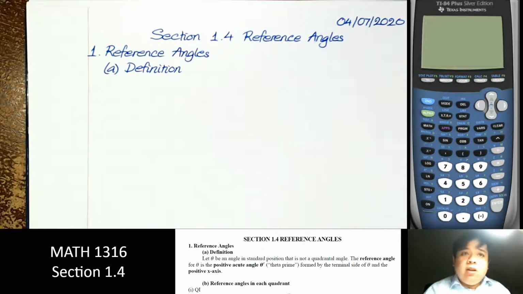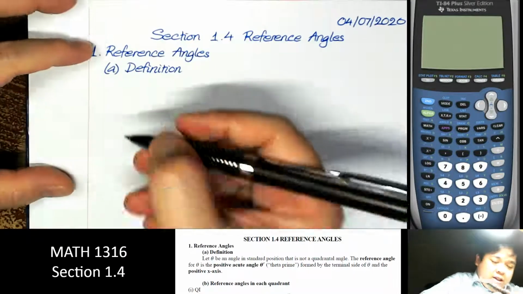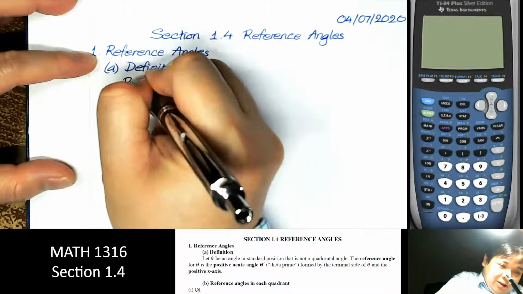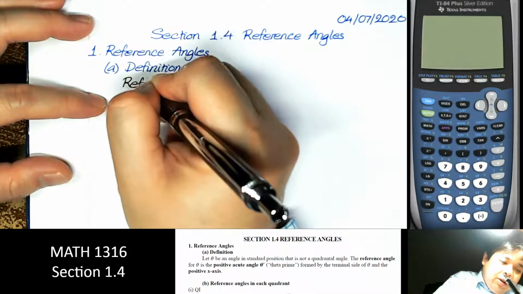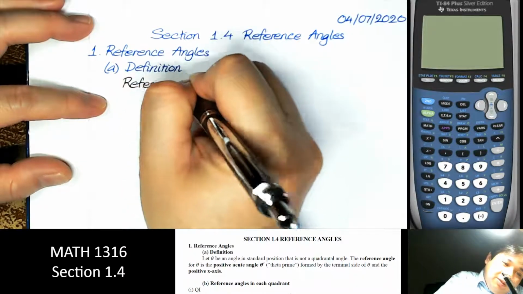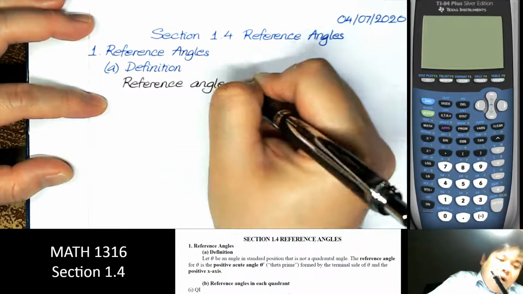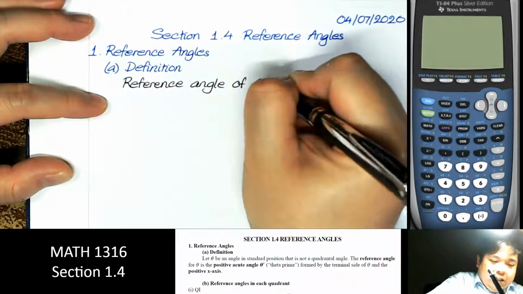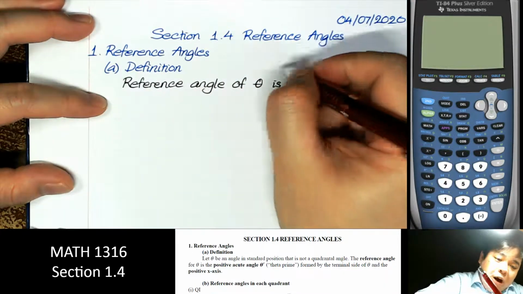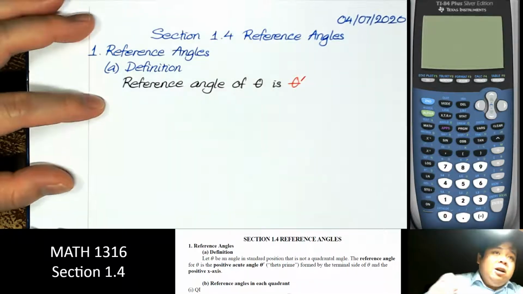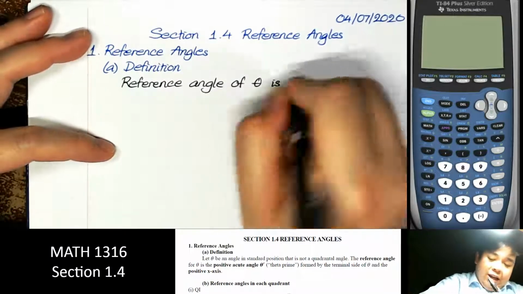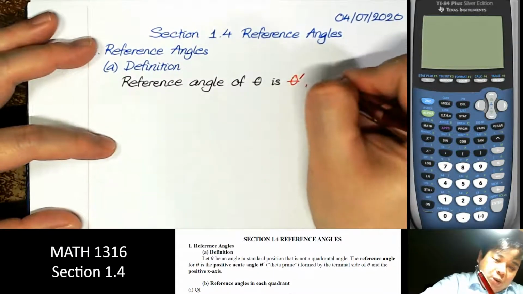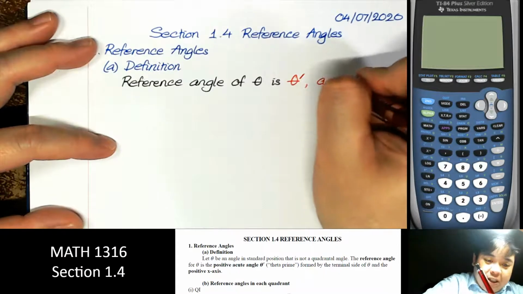The definition, because on that slide it says that the reference angle of theta, which we denote by theta prime, is an acute angle, meaning from 0 to 90 degrees.